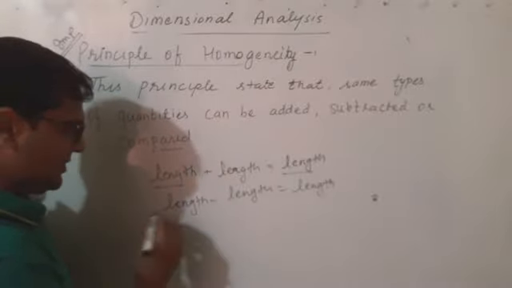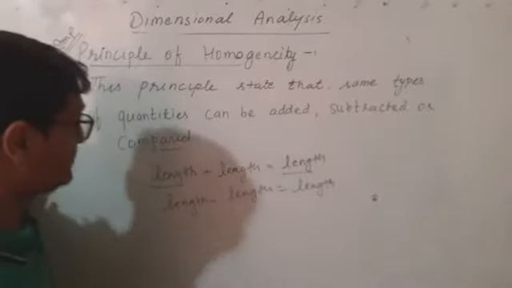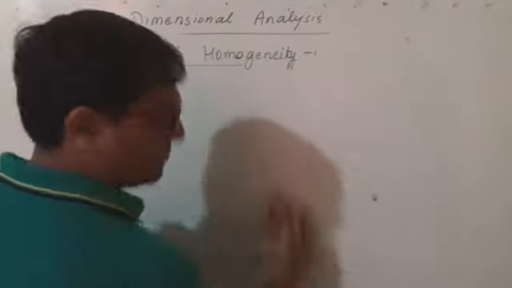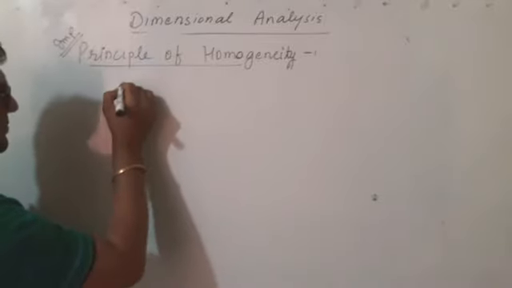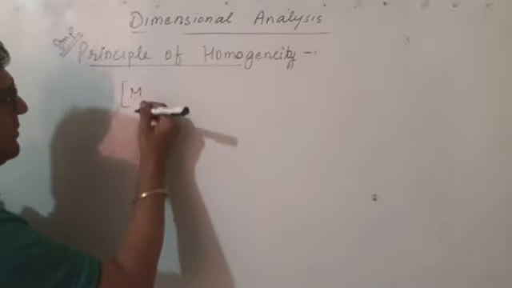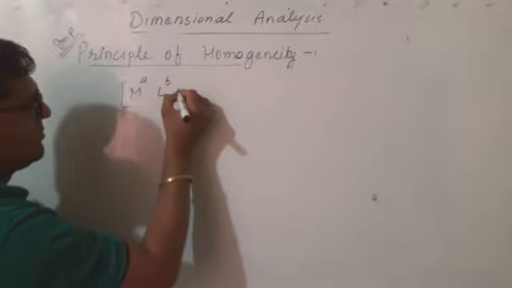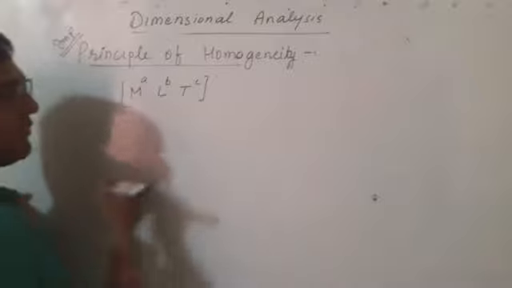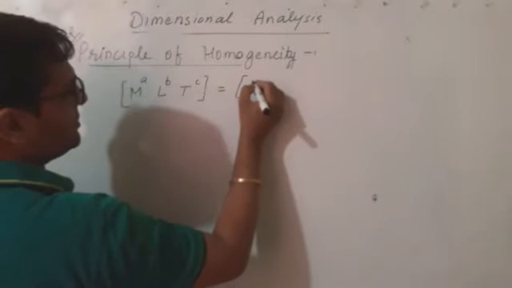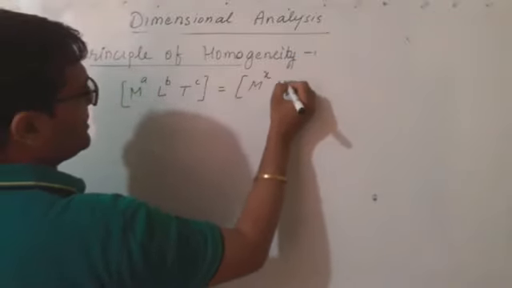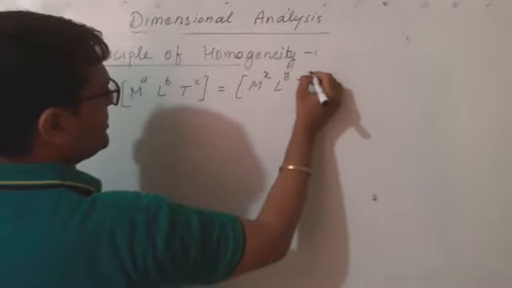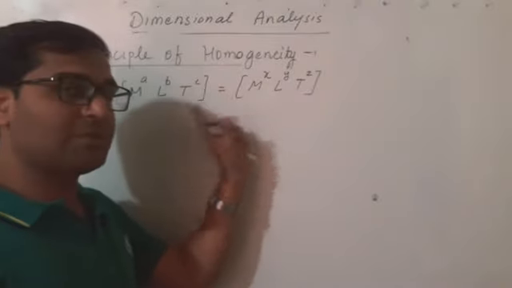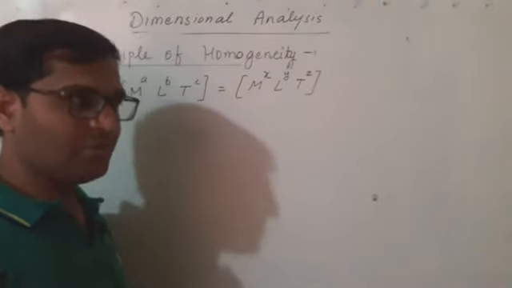There is one more point. Suppose I have an expression M^a L^b T^c. This is the dimensional formula of a physical quantity, and M^x L^y T^z is also the dimension formula of the same quantity but in another system of units.